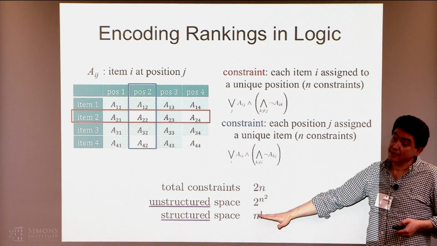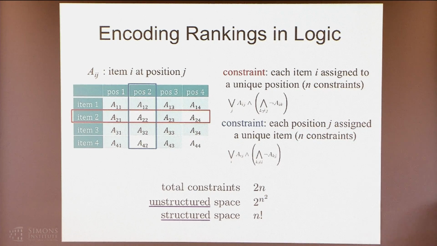You're left with the n factorial elements that correspond to permutations. Believe it or not, this is all you have to do in this framework to start learning distributions over permutations. And later I'm going to show you experimental results how this actually does better than some of the more sophisticated, dedicated distributions for permutations, right? So here we're learning a distribution over the structured space.